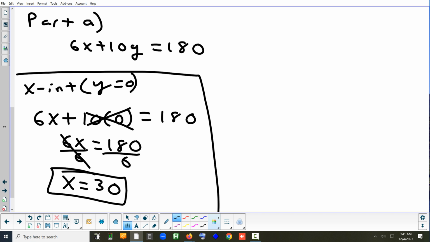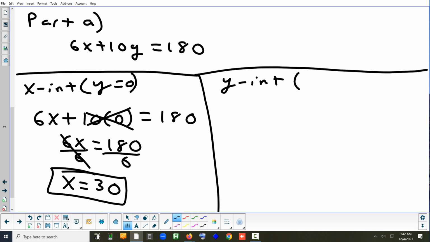Okay. That's my x-intercept. All right. What's the other intercept I need? Well, what's the name of the other intercept? Y-intercept. Yep. So to find the y-intercept, what number are you going to fill in? 0. And where are we going to fill that in? For x.